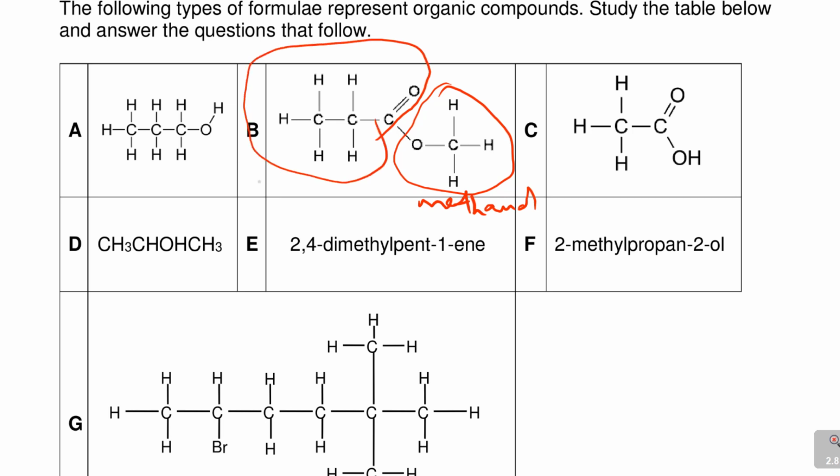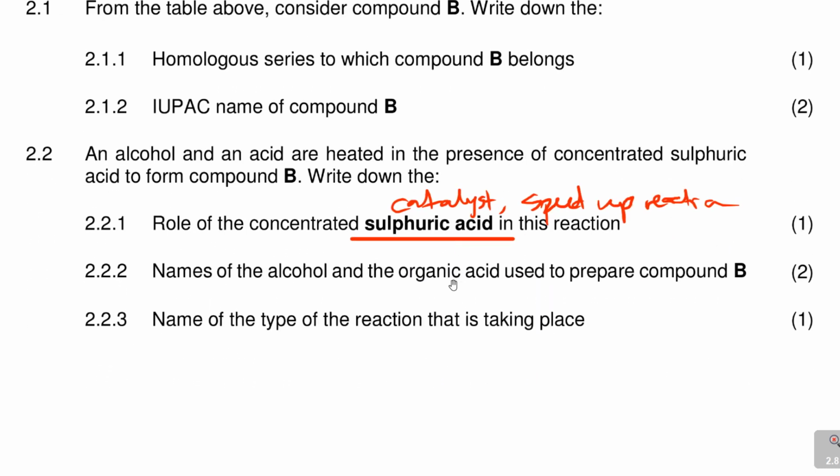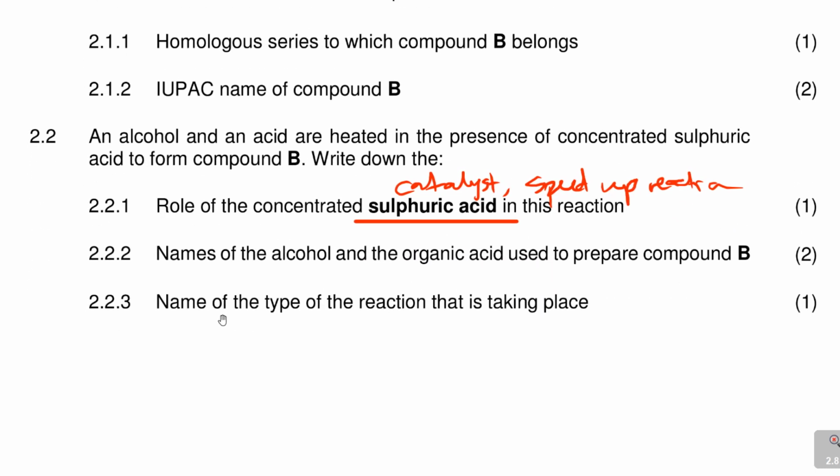The acid there is propanoic acid, a carboxylic acid. All right, so that is that part. And then the next one, they're saying name the type of reaction taking place. That reaction, as we just said, when you mix an alcohol and an acid, is called esterification.